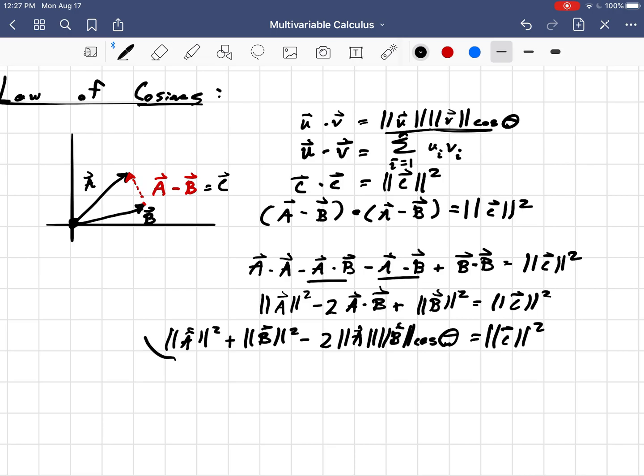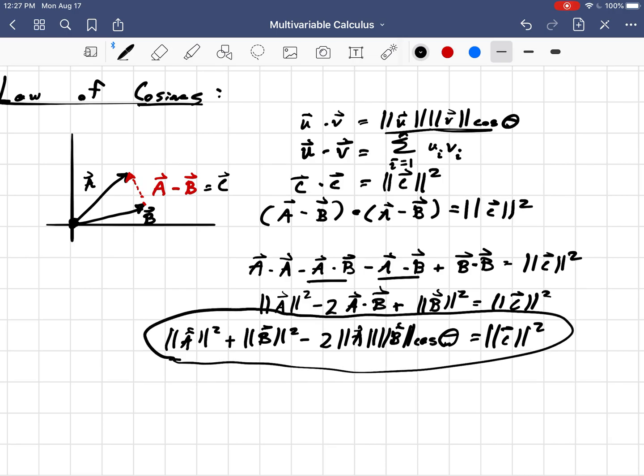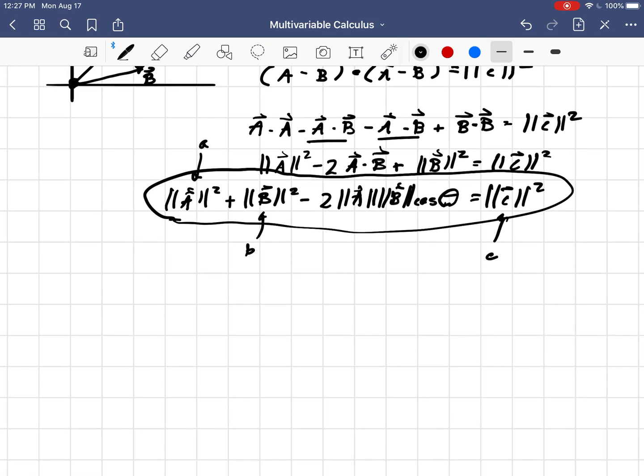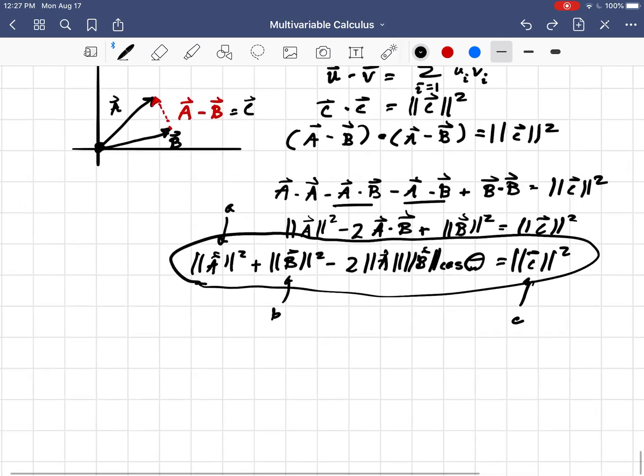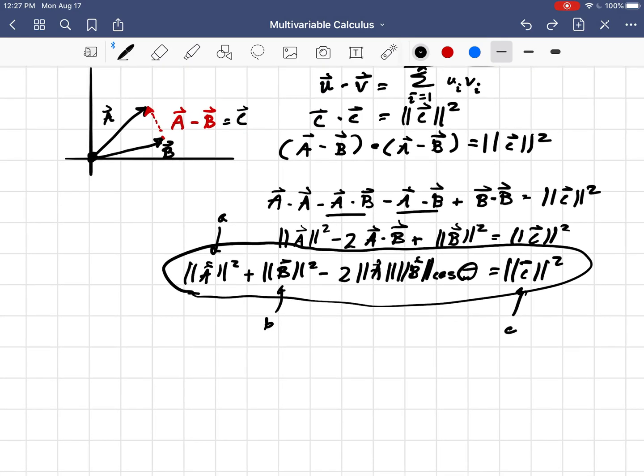And this is actually the vector form of the law of cosines. Of course, if you want to call these magnitudes little a, little b, and little c, then you'll get the familiar scalar law of cosines: a squared plus b squared minus 2ab cosine theta is c squared. So that's a pretty complete proof of the law of cosines, and I've shown every possible step there.